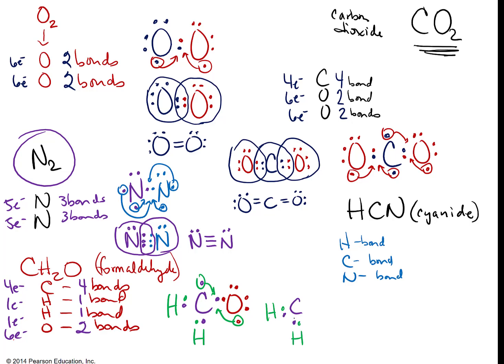It'll have a single electron pair shared with each hydrogen, but then 2 of its electrons will share with the oxygen. So I just moved those in between, creating that double bond. And if you count, do you see that hydrogen has 2, hydrogen 2, oxygen 8, and carbon has its 8.